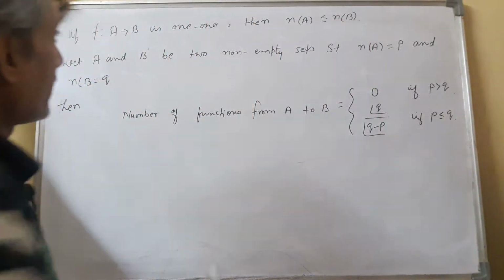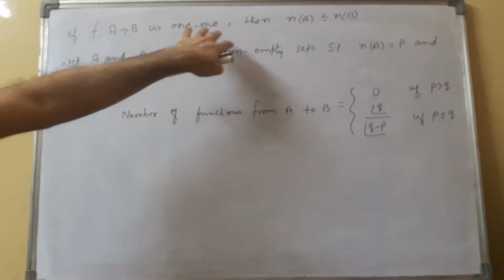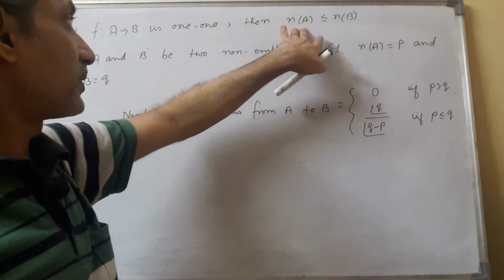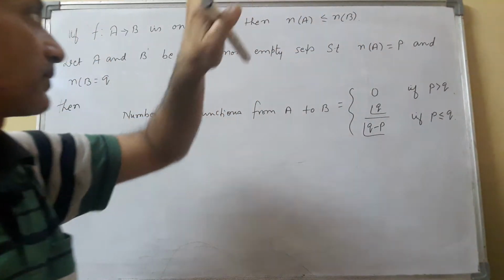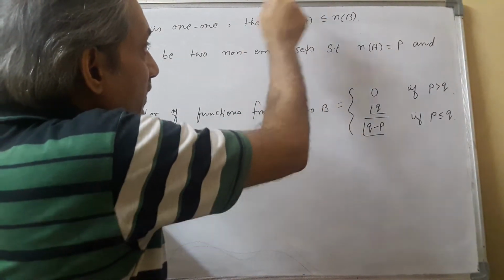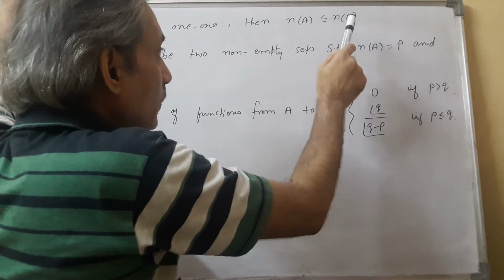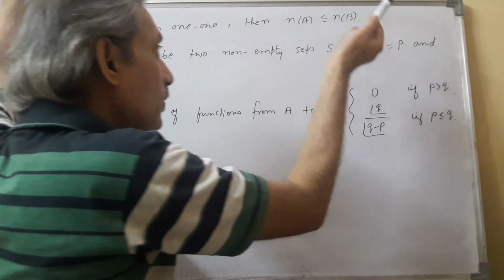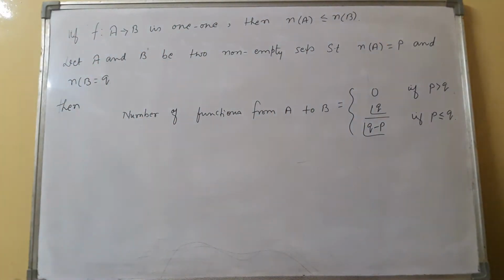ये कंडीशन है यहाँ पे. 1-1 तभी होगा जब नंबर ऑफ एलिमेंट इन सेट A इक्वल या लेस होगा. The total number of elements in the domain set should be less than or equal to the number of elements in the codomain set.